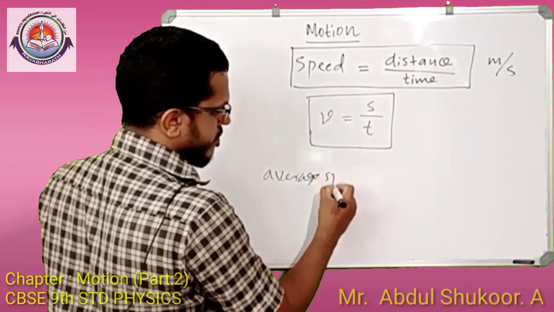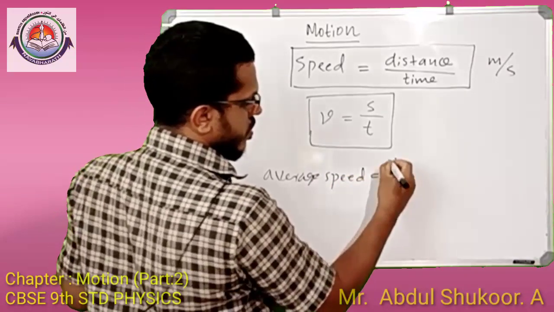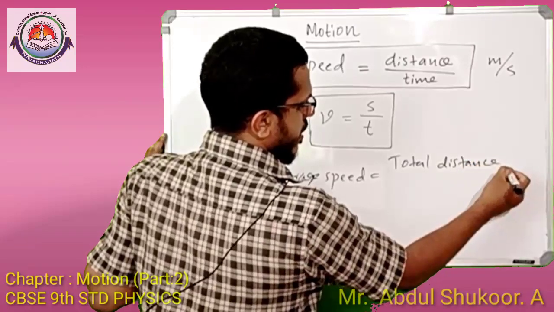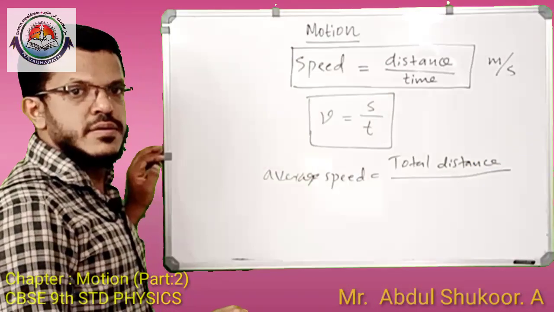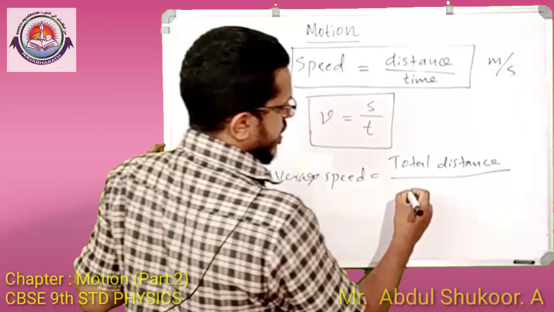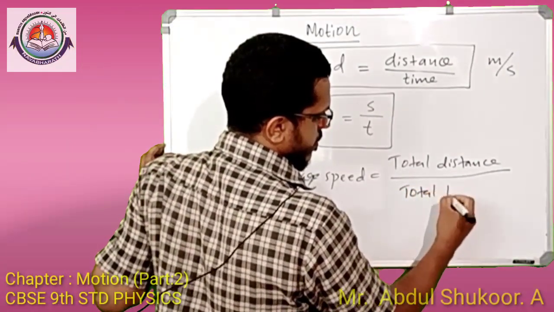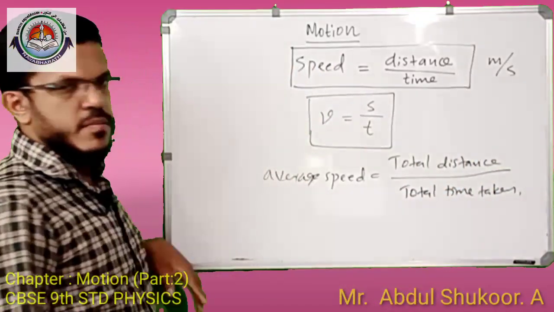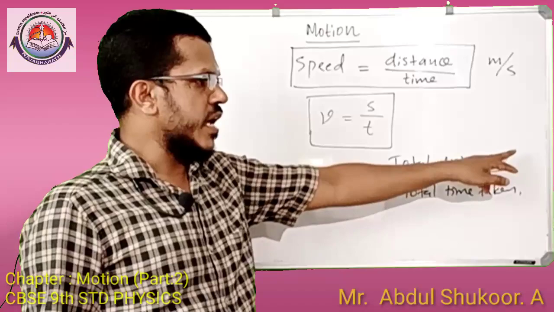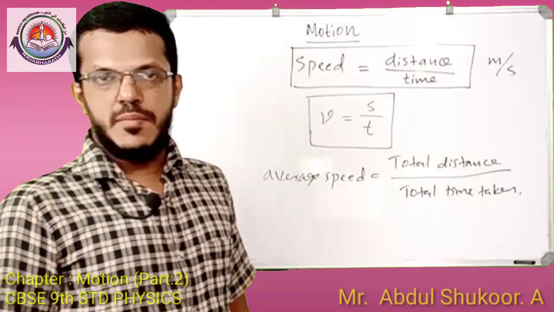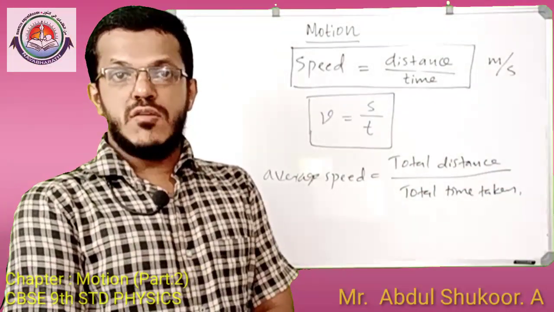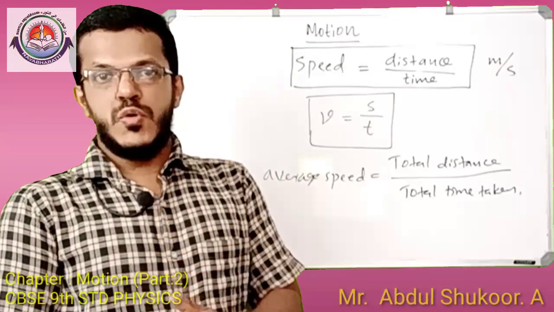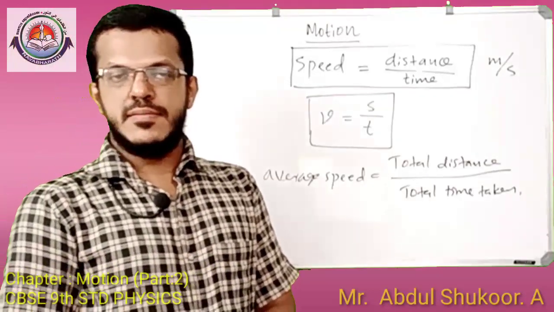Average speed is equal to total distance covered by an object divided by total time taken to cover that distance. That is the equation to find out the average speed of an object if it moves in non-uniform motion. Do you understand?